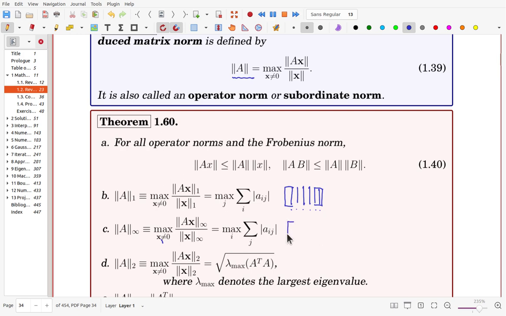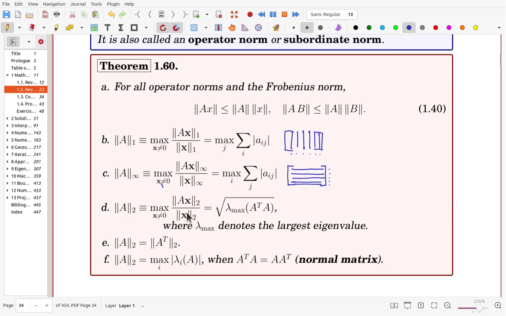For that one, with the j summation, the absolute values will be summed horizontally. Then each row will make a number, and we take the maximum of these numbers, that is the infinity norm.